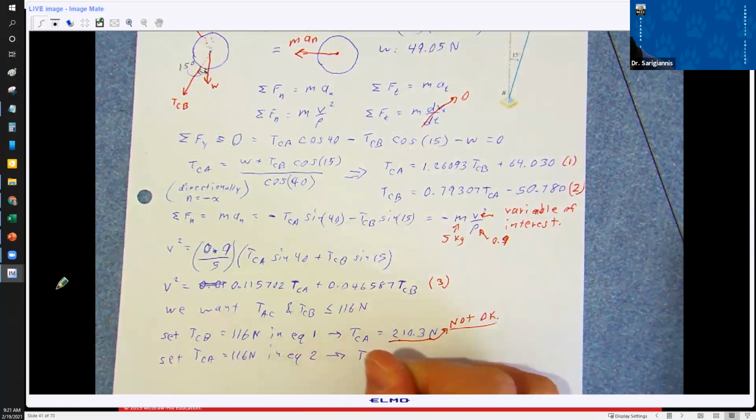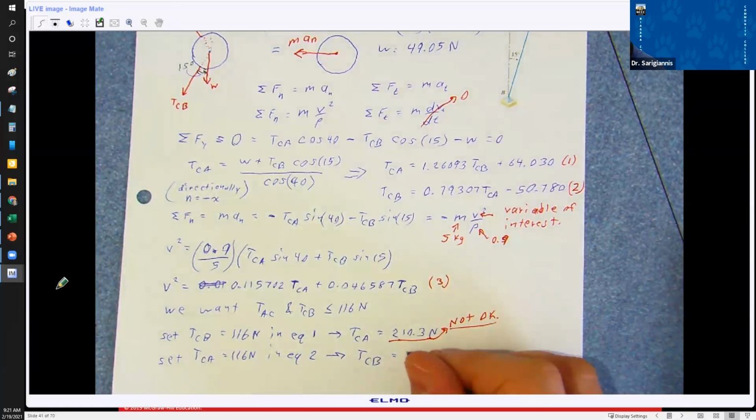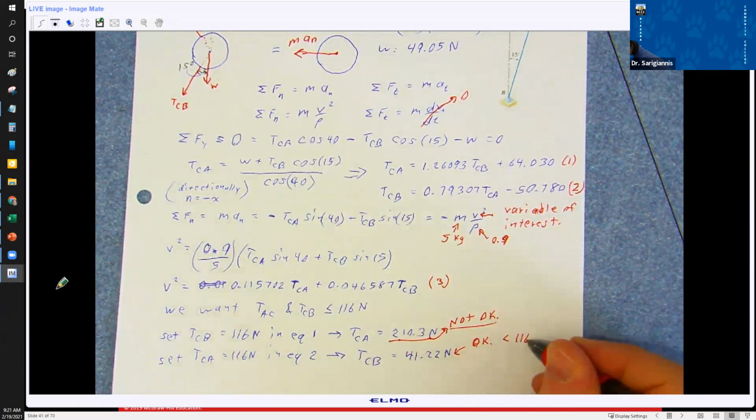And this gives us a TCB equal to 41.22 newtons. And this is okay, right? Less than 116 newtons.